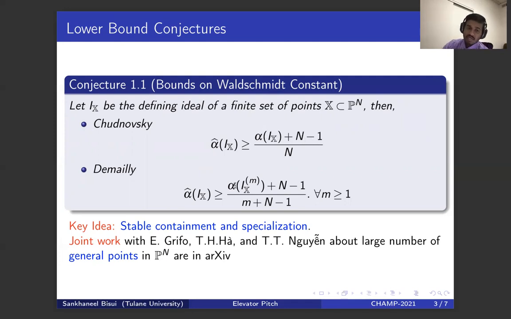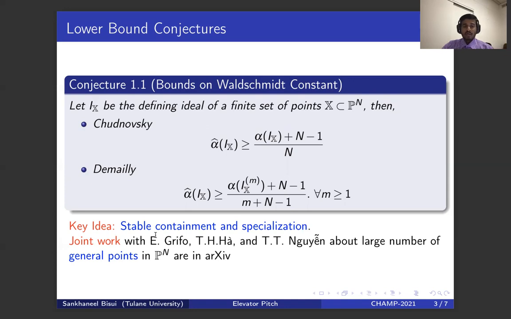This was later generalized by Demailly, who said the lower bound is the initial degree of the m-th symbolic power plus n minus 1, over m plus n minus 1. Now, the key idea here is to study the stable containment and specialization.